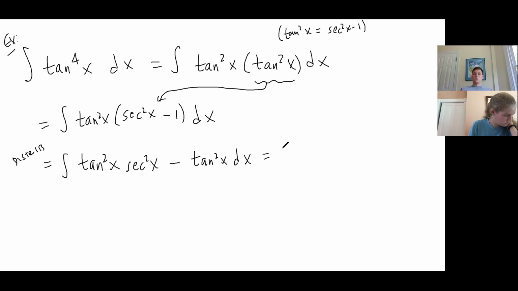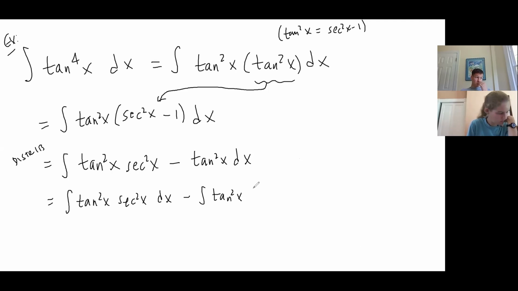Now, maybe it's a little easier to do these separately, so we're going to try and do them separately. So I'm going to break this up into the integral of tangent squared secant squared minus the integral of tangent squared dx.